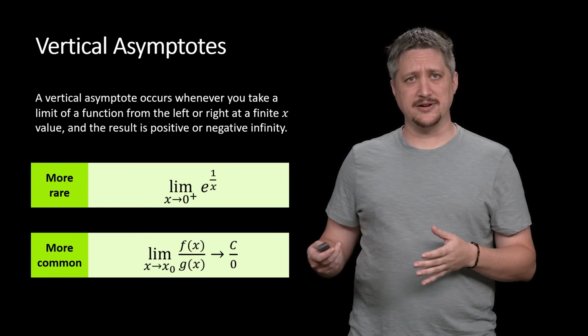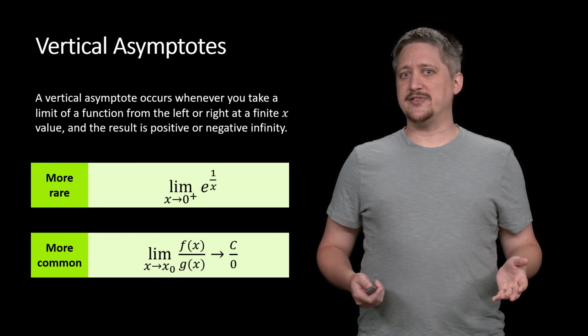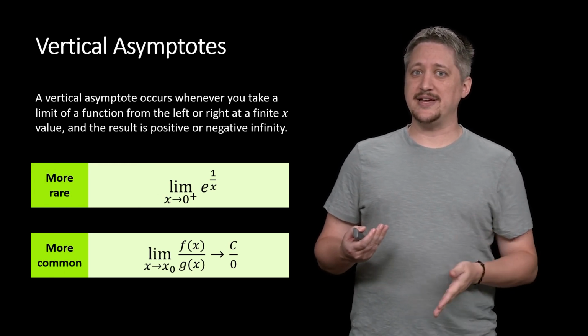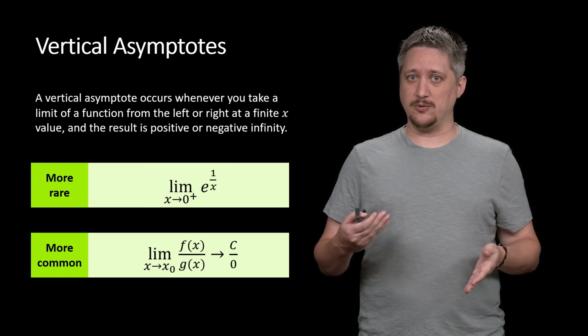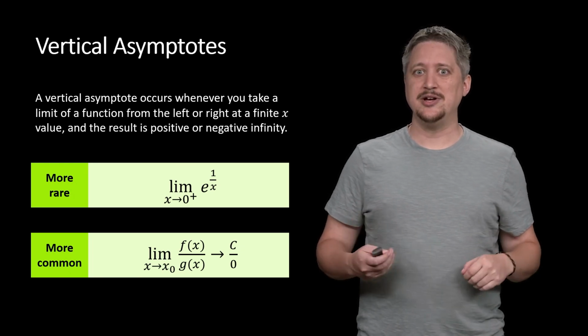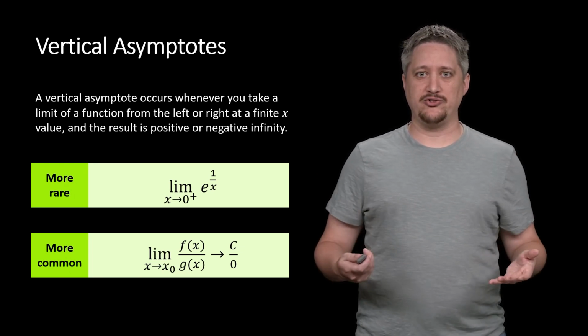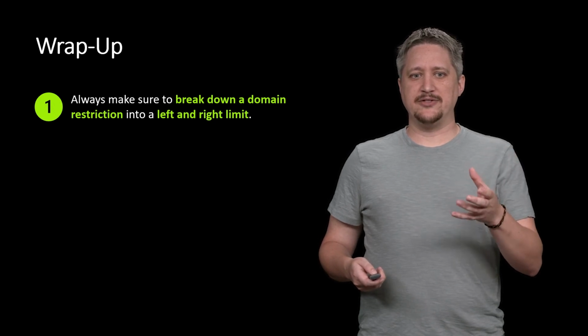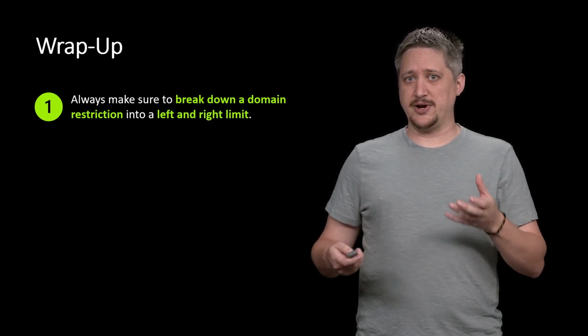And again, just like in our very first example, it may be that one side goes to positive infinity and one side goes to negative infinity. So you have to do a little more work to figure out which infinity it's going to, but it's definitely getting infinitely large, just maybe in one direction or the other, okay? So in general, when it comes to vertical asymptotes, the idea is that we want to break down the domain restriction into these left and right parts, right?